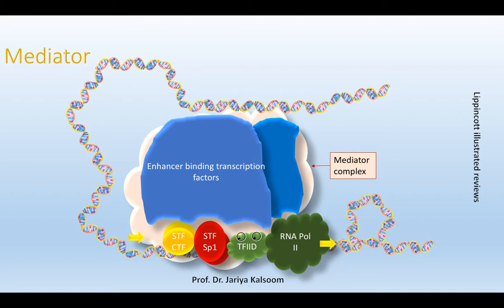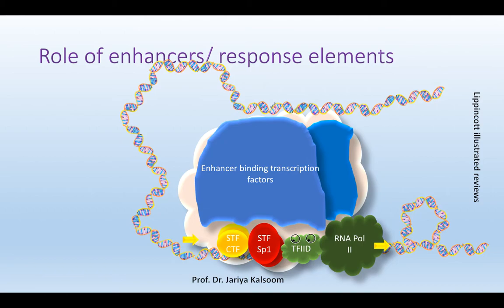The supercoils formed during the process of transcription are removed by the same topoisomerases that remove supercoils during DNA replication. Enhancers are special DNA sequences that increase the rate of initiation of transcription by RNA polymerase II.